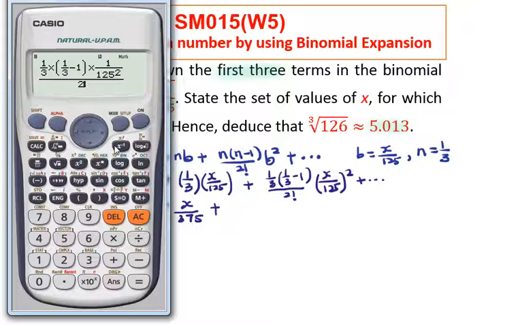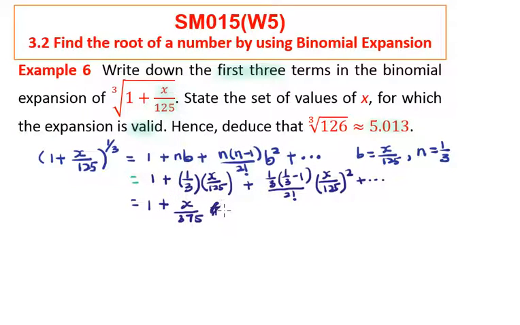Shift factorial, the answer is negative 1 over 140625, negative x squared.